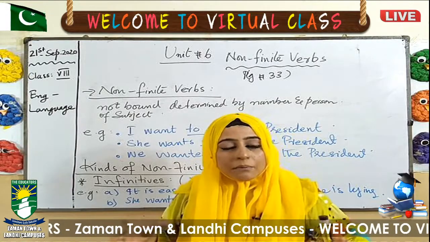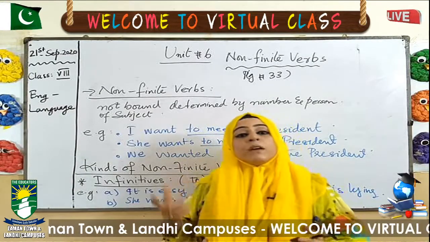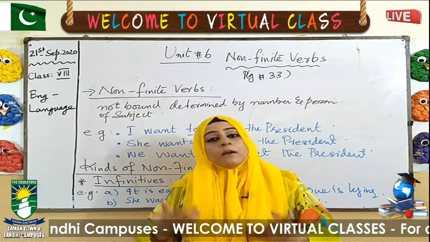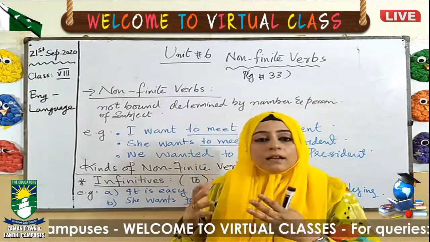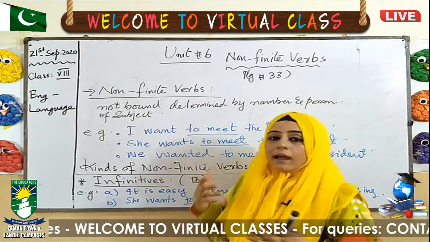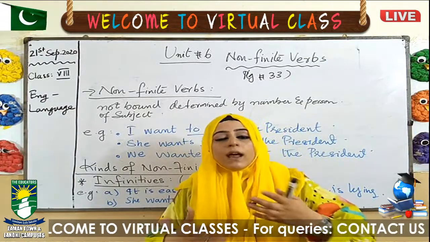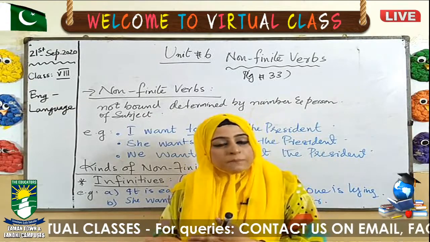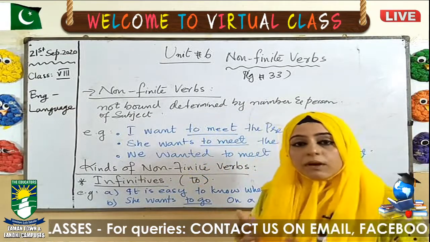So this is a demarcation between the persons and the number of the subject. But in this case, it is not bound by any kind of number. Whatever the number of the subject is, the form of the verb will not be affected, it will remain the same.